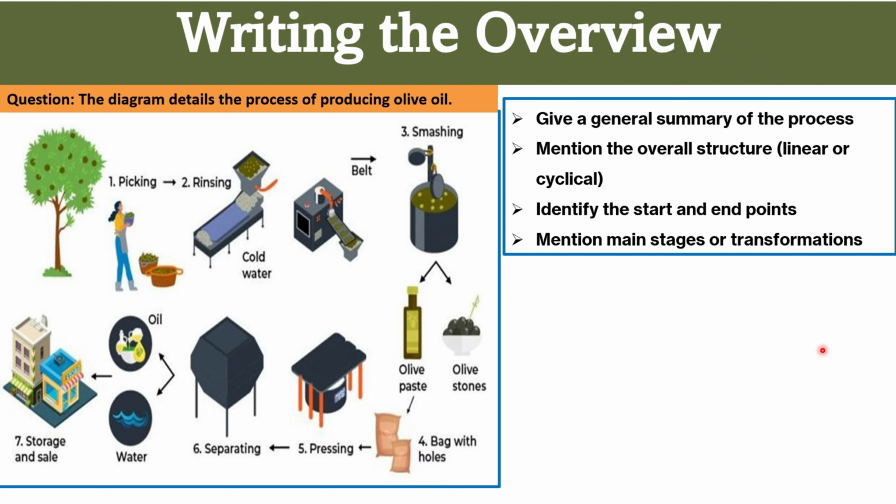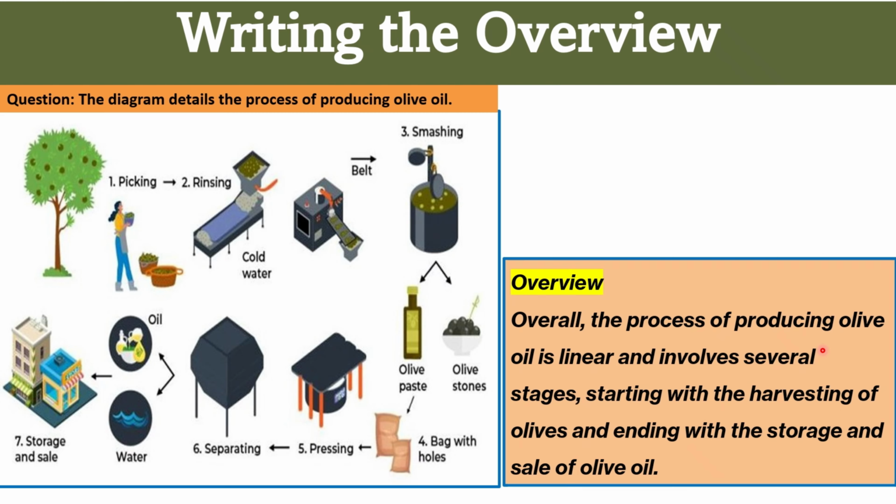You don't need to mention every single step, just the overall structure and key features that stand out. For example, you could say, overall, the process of producing olive oil is linear and involves several stages, starting with the harvesting of olives and ending with the storage and sale of olive oil. This gives the examiner a clear picture of what the diagram is about, and it sets up your body paragraphs that follow.